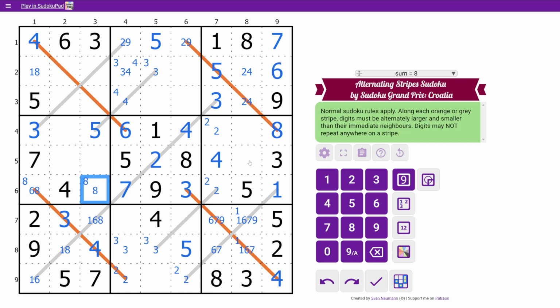It does go on the bottom somewhere. 2 could go here or here in the row. What is this missing? A 2, 6, 8? Yeah. So this is a 2, 6, 8. This is a 2 or 6.